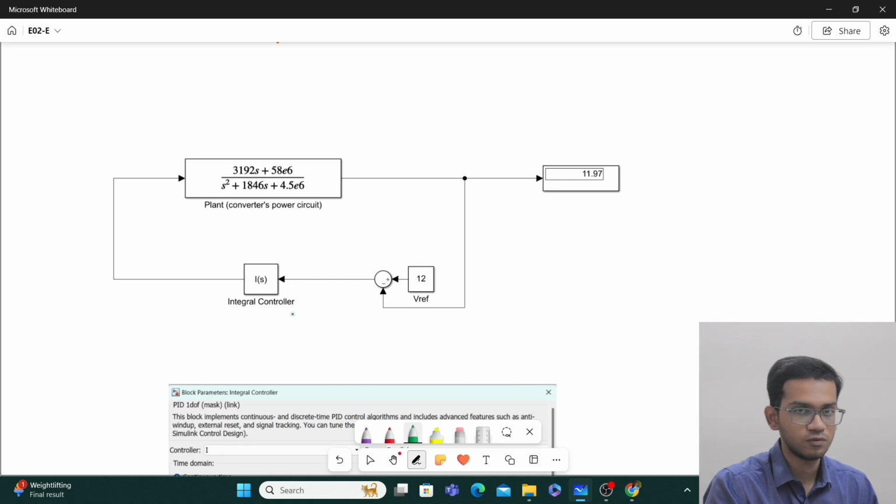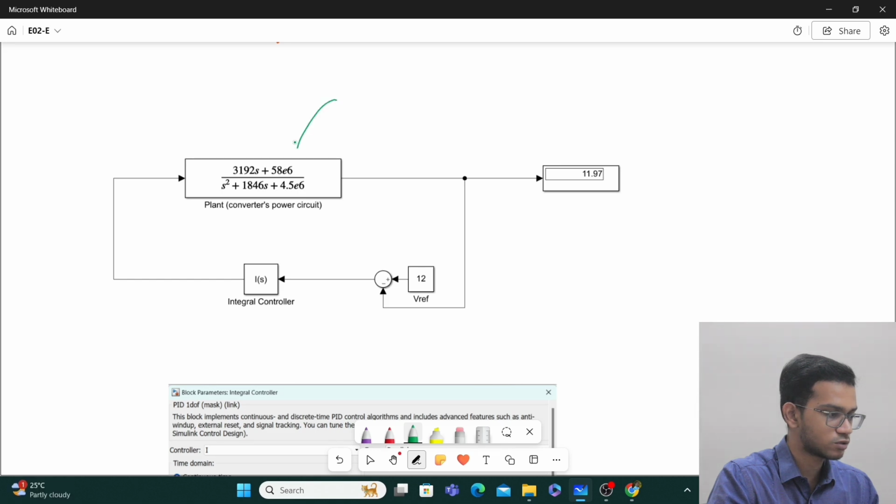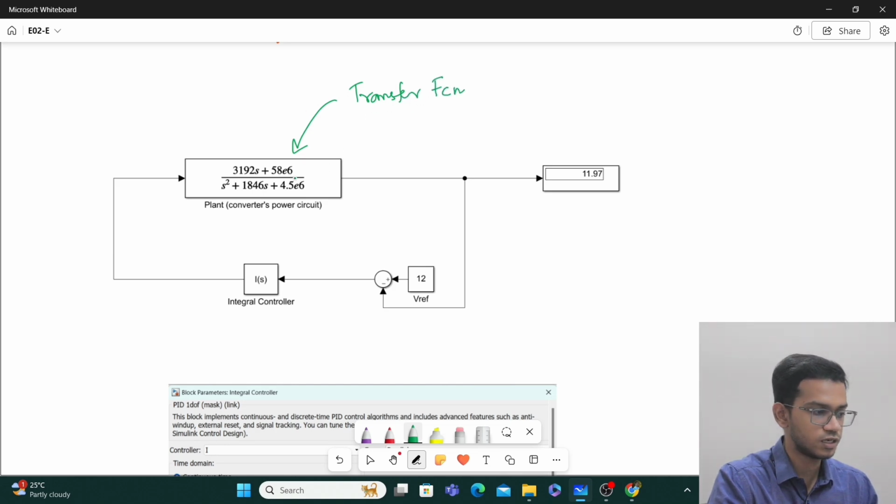So now let us move to the section of how to get a Ki value for this particular plant. Now I have converted my plant into a transfer function using those approximations and using the state space modeling method, and I have made a setup like this. So in MATLAB, you could see that this block is called Transfer Fcn. This is the name of the block. If you search in the library browser, you'll get it.